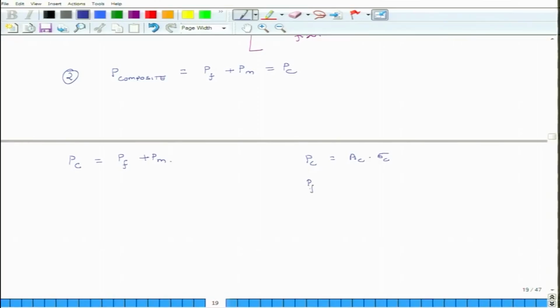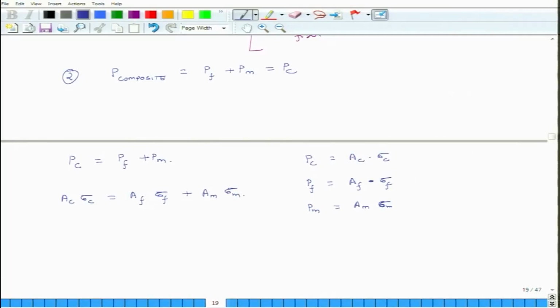Similarly, Pf is equal to the area of fiber times the stress in the fiber, and Pm equals Am times the stress in the matrix. So I can write AC sigma C is equal to AF sigma F plus Am sigma M.